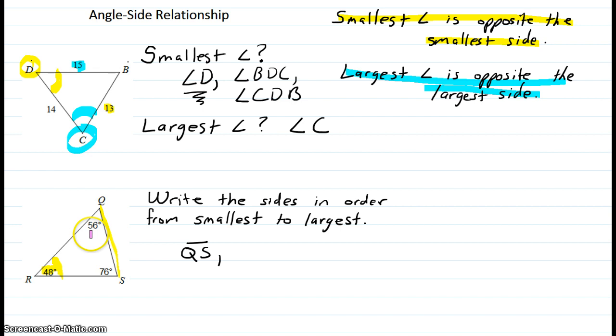And now the middle angle, this 56, as this opens to 56 degrees, it makes this side RS. So the middle side is going to be segment RS. And the last one is this. I'm going to move this so I can see the 76.